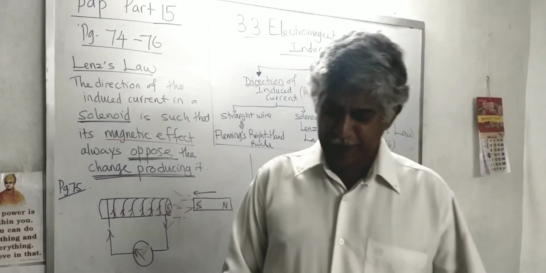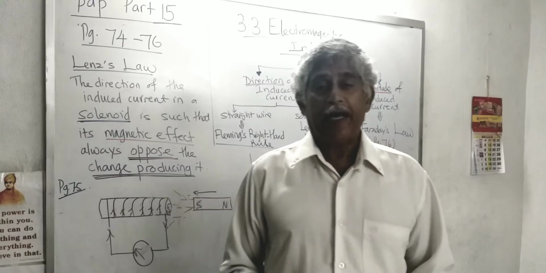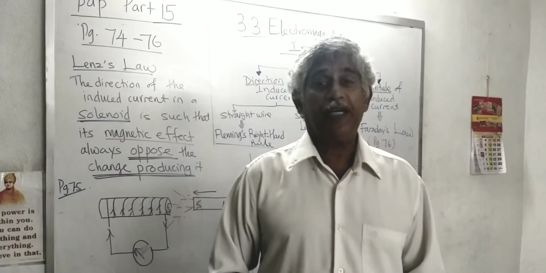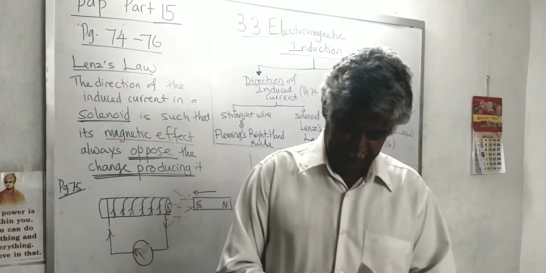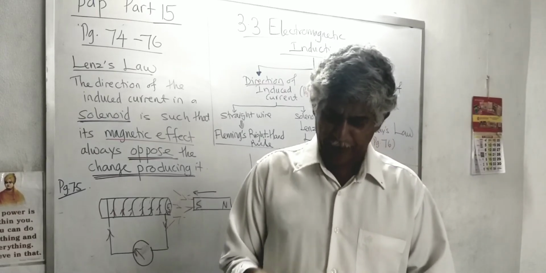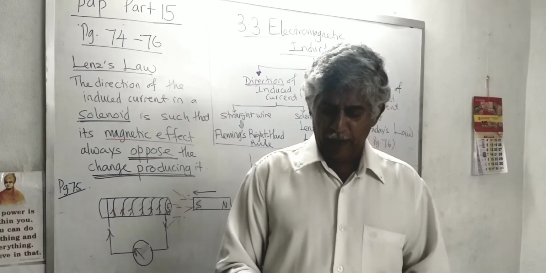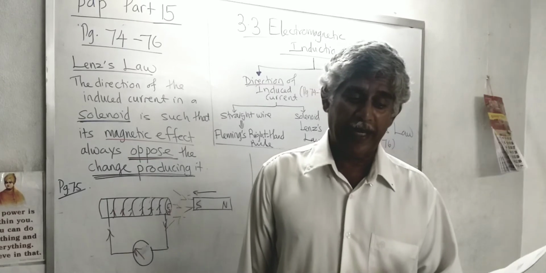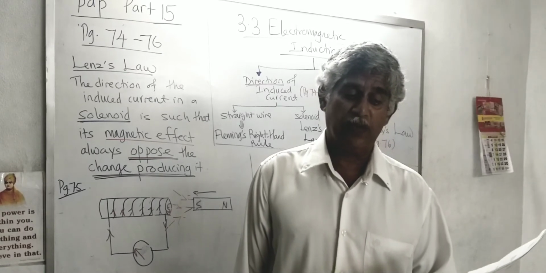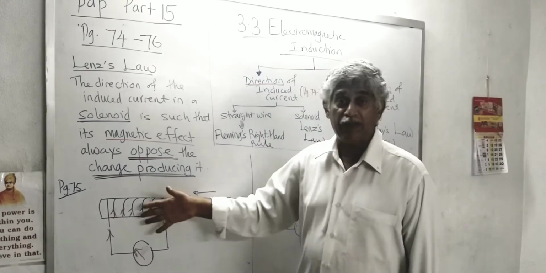Faraday law says the magnitude of induced current is directly proportional to the rate of change of flux. You can look at page 76. Then we split up the statement. Faraday law: the size of induced EMF is directly proportional to the rate at which the conductor cuts through the magnetic field lines. That means how fast the rate of change of flux is.